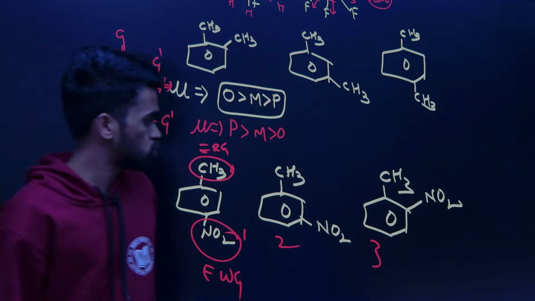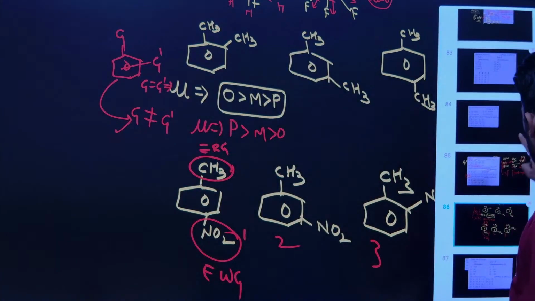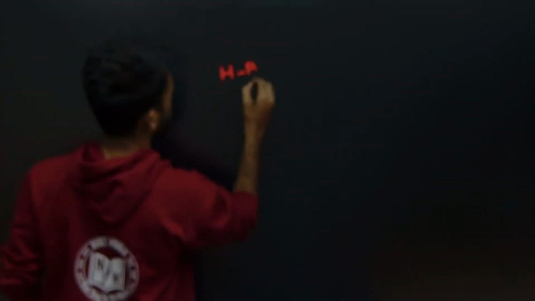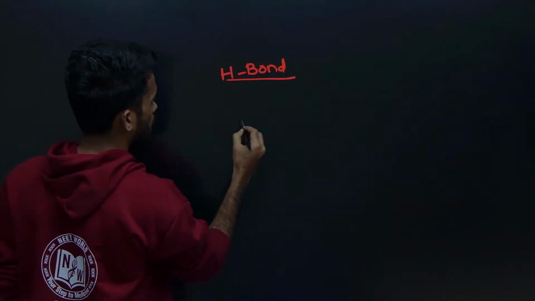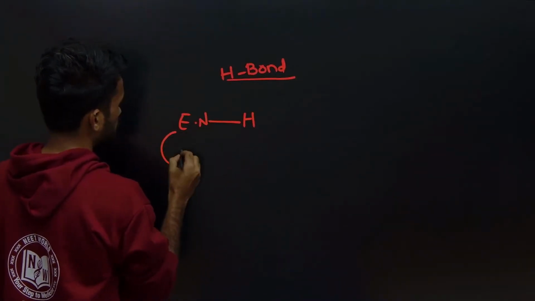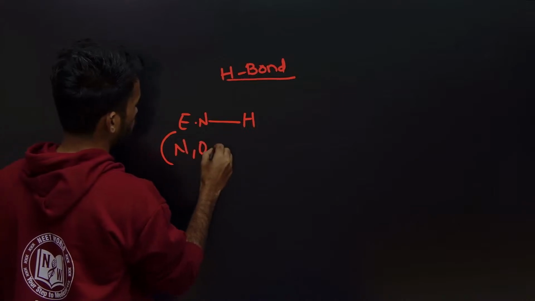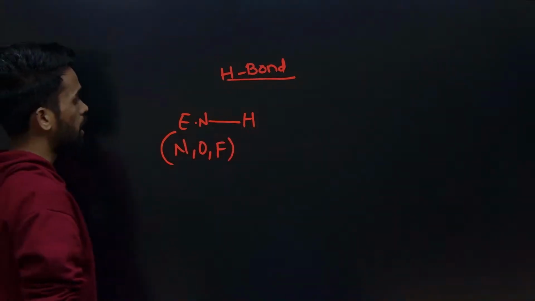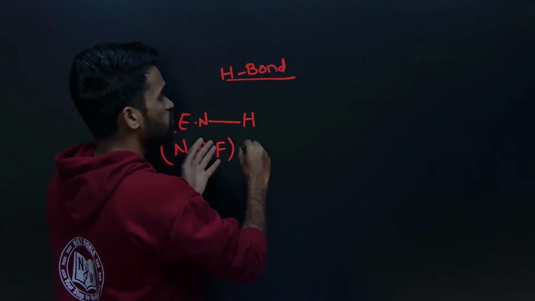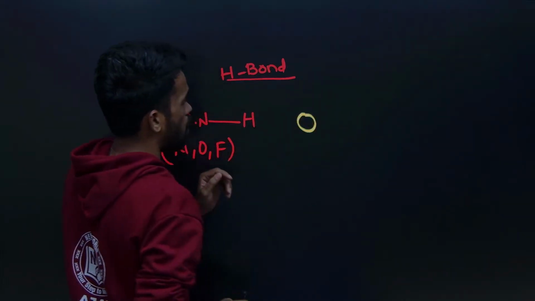Next one is hydrogen bonding. We need to study about hydrogen bonding. Let us make it clear here. See, a hydrogen bond will be seen when a hydrogen atom is attached to some electronegative atom like nitrogen, oxygen, fluorine, and one more electronegative atom should be present, like oxygen.